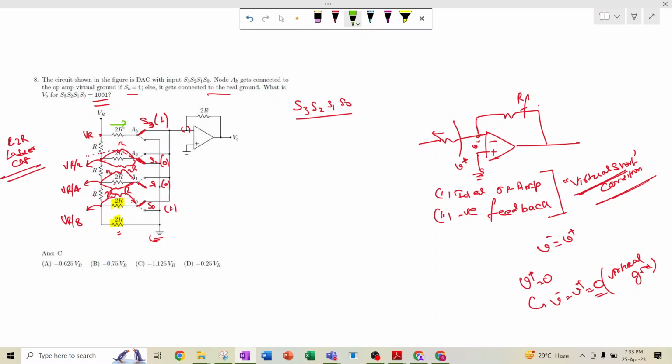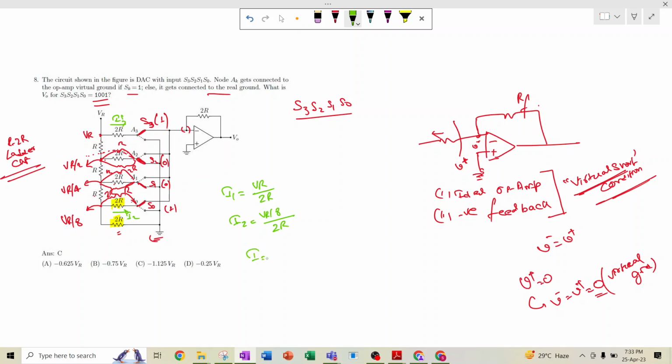Here is one current, here is another current, so it is I1 and I2 if we say. I1 is nothing but VR divided by 2R, and I2 is nothing but VR by 8 divided by 2R.